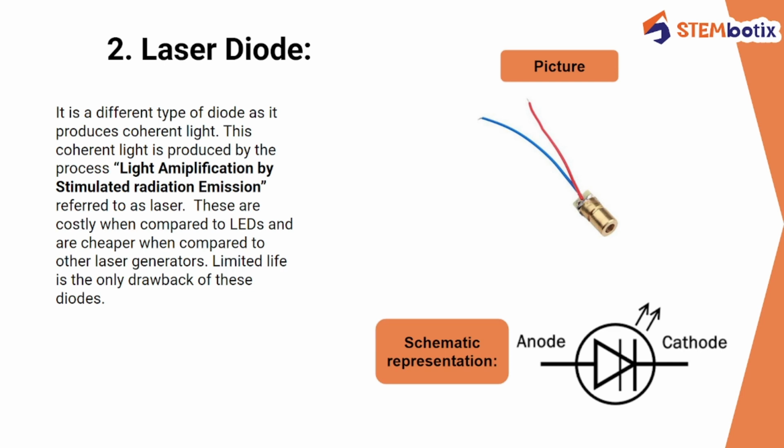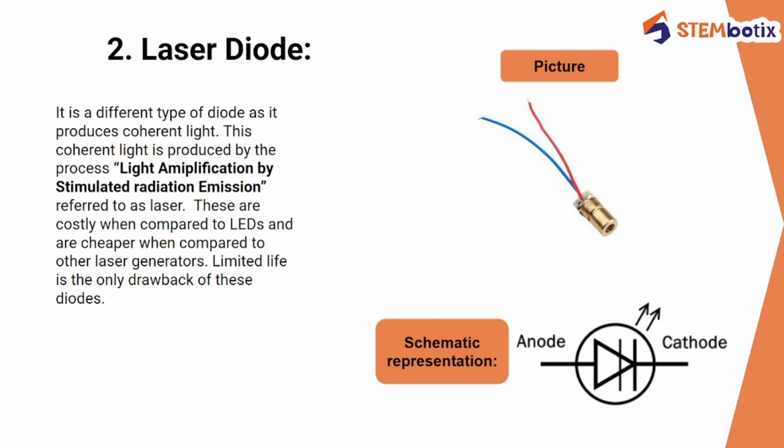Now the second on this list is the laser diode. First of all, we will see what a laser is. Laser is an abbreviation for light amplification by stimulated emission of radiation.